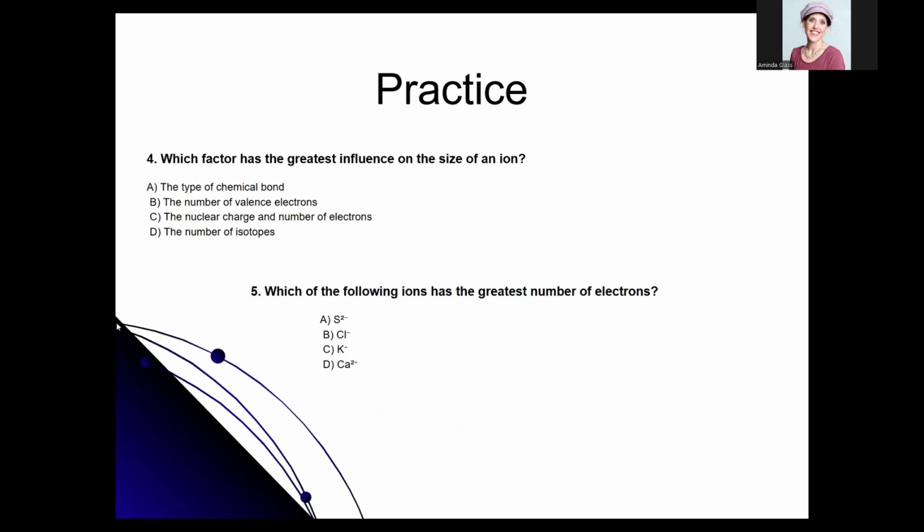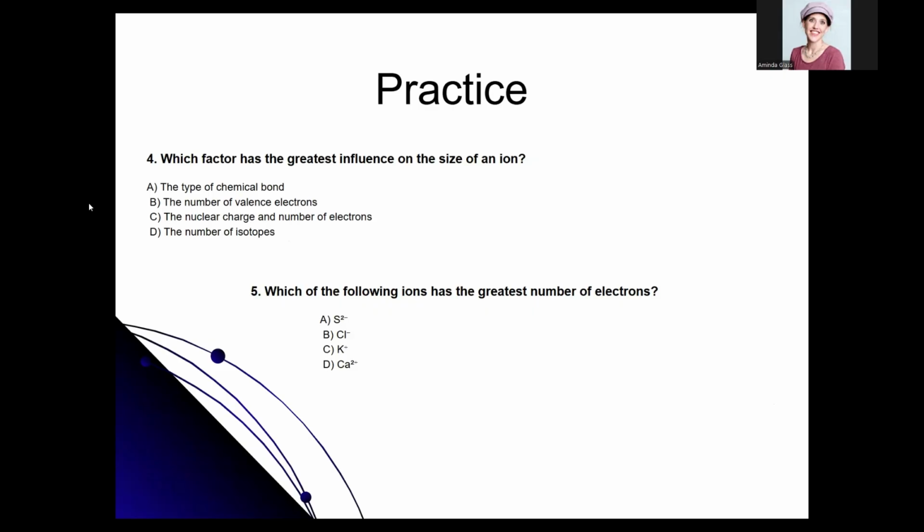This again carries some information from the previous class. And so it's not going to be the type of chemical bond because that doesn't have any bearing on the size of the ion. We have the number of valence electrons, the nuclear charge and the number of electrons, or the number of isotopes.